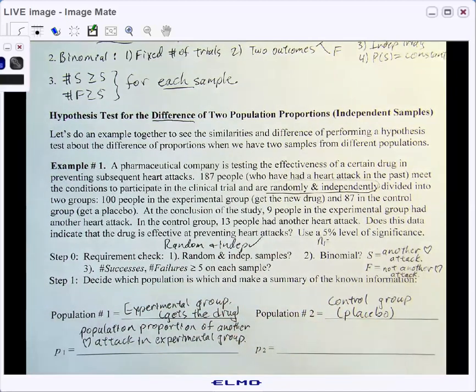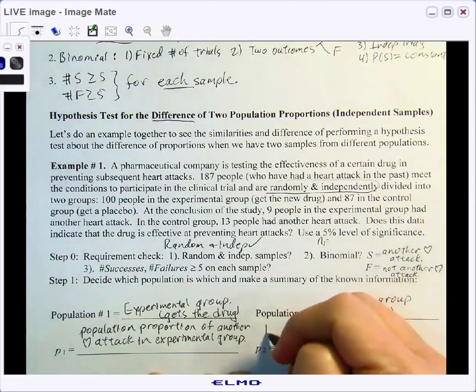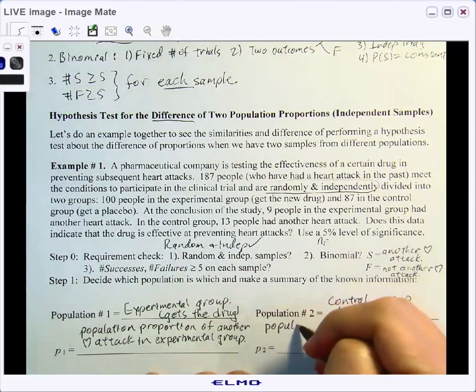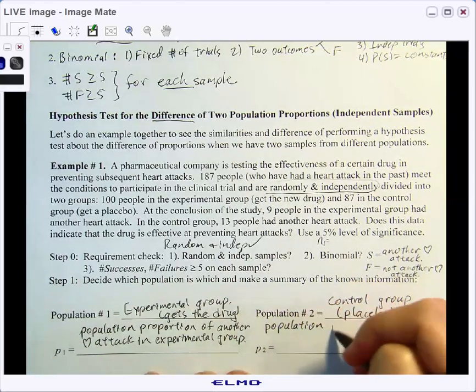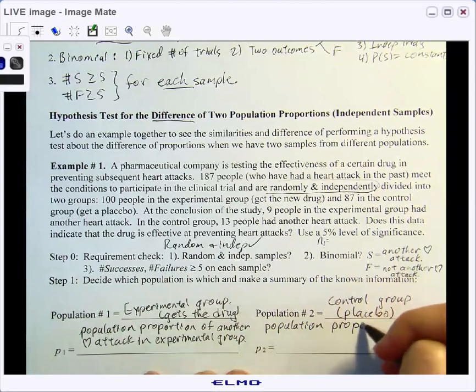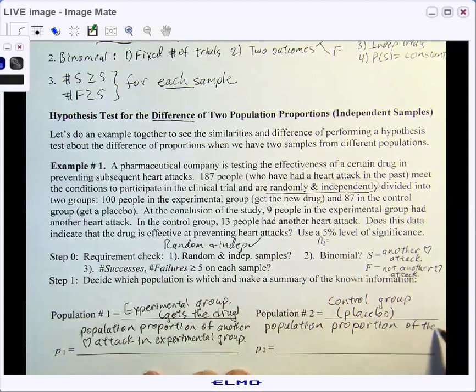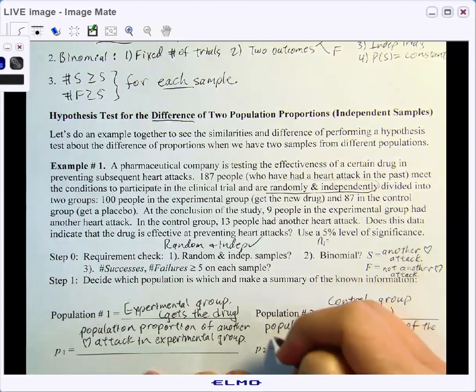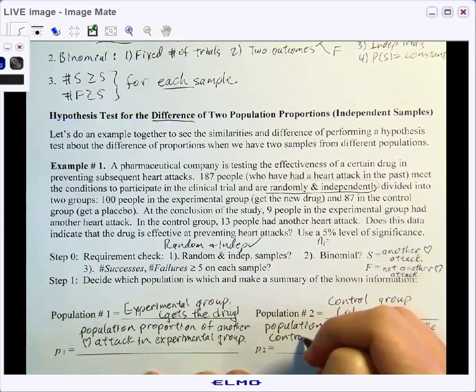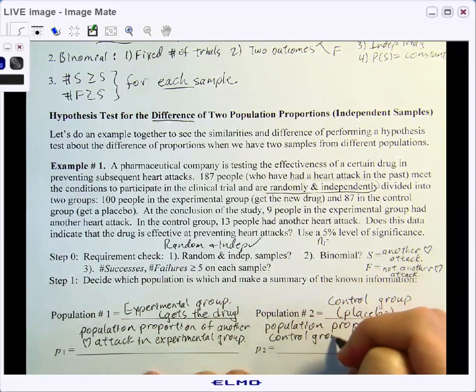And little p stands for population proportion, so little p2 is the population proportion of the control group that has another heart attack.